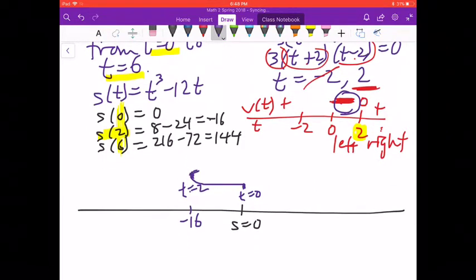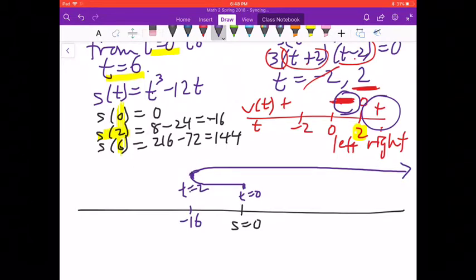Next up, it continued to the right really forever. So I'm just going to go ahead and throw an arrow over there. It's going to the right forever. Because over here you'll see on our wiggle graph the velocity never changes. It's going to stay positive from t equals 2 on out to the right forever.